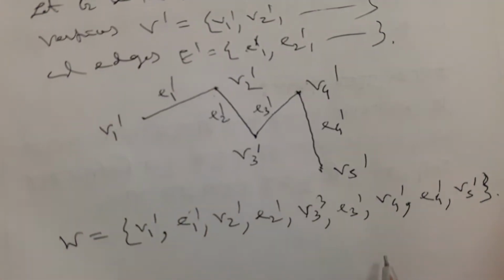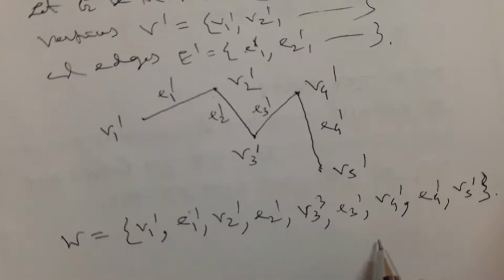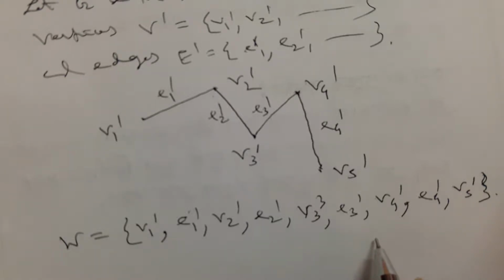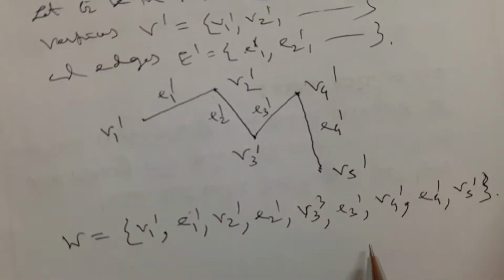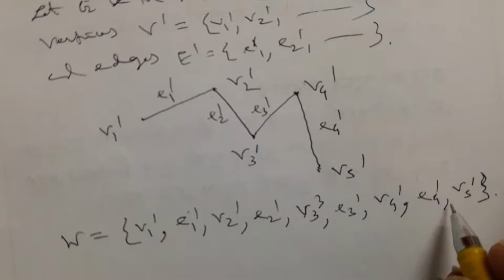So in this way we find an alternating sequence of vertices and edges such that the endpoints of Ei are the vertices Vi and Vi+1.